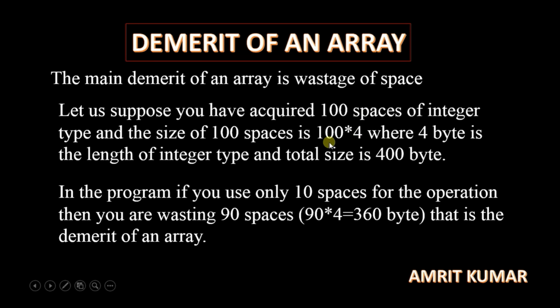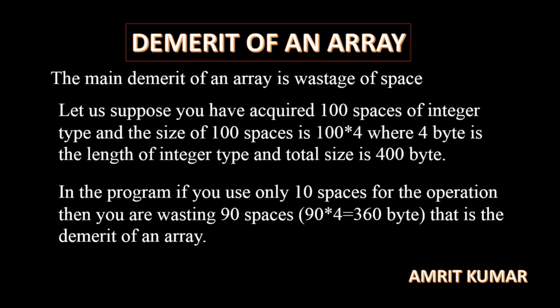So 100 into 4, where 4 bytes is the length of integer type, and the total size is 400 bytes, because the length of integer in a 64 bit system is 4 bytes.